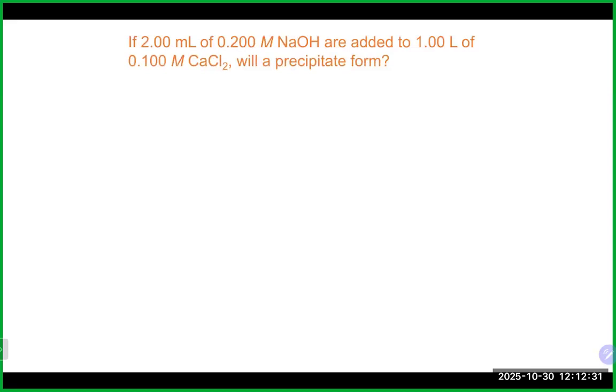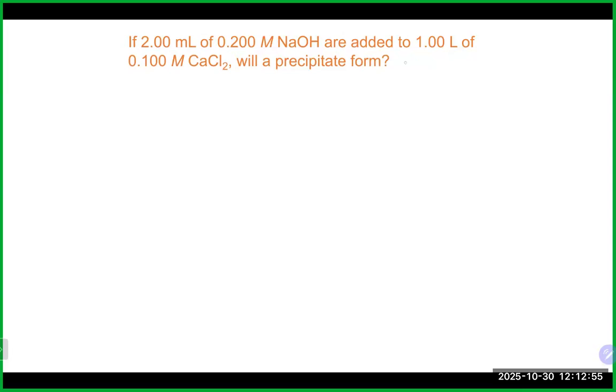All right, so let's take a look at one here. If 2 milliliters of a 0.2 molar sodium hydroxide solution is added to 1 liter of a 0.1 molar calcium chloride solution, would we expect a precipitate to form? The first thing to think about is whether there is anything there that could potentially make a precipitate.